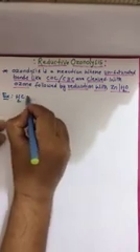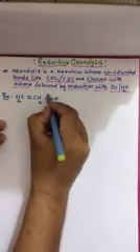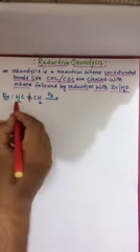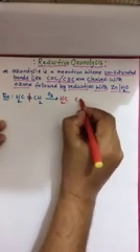CH2 double bond CH2 treating with ozone. See, very easy. First you break two bonds. Simple. Then you are getting two parts, CH2, CH2.